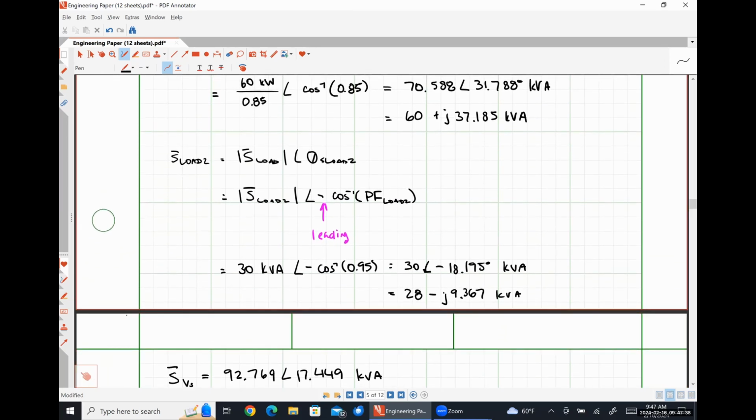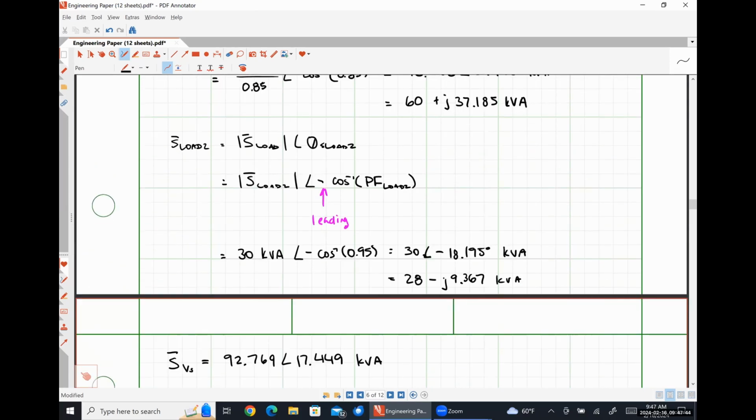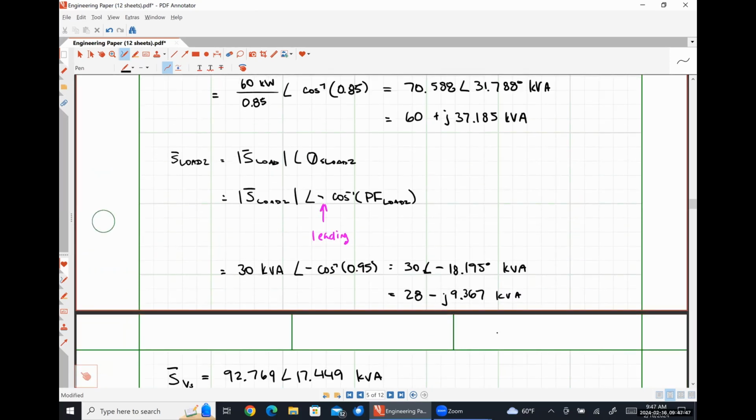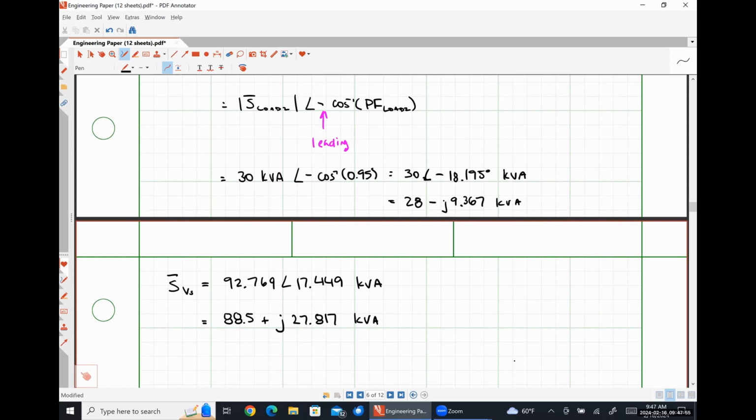That's wrong. I didn't store something in my calculator. Sorry, I could tell it was wrong immediately because 60 plus 28 is 88, not 88.5. So let me fix that really quickly.